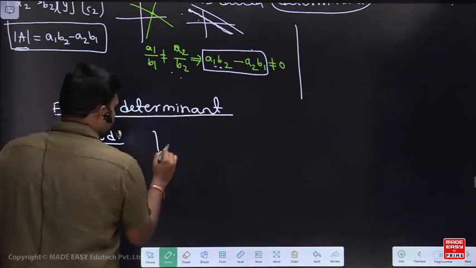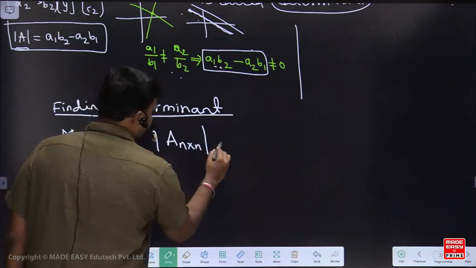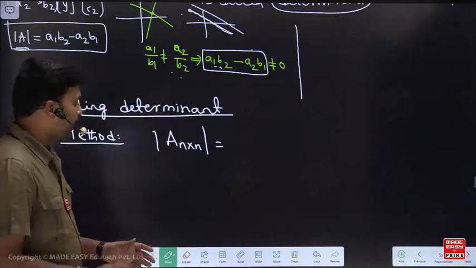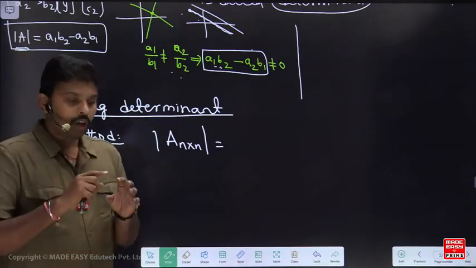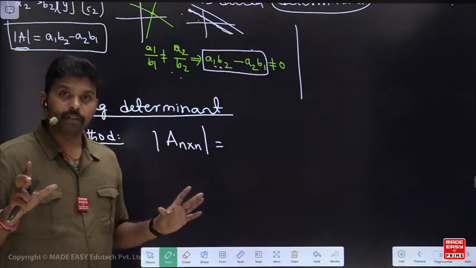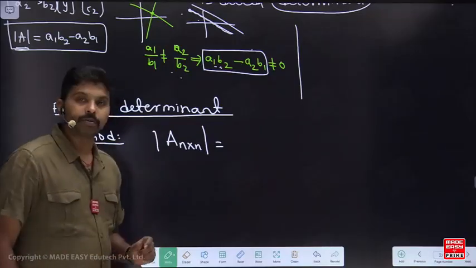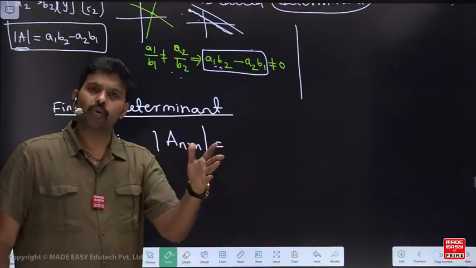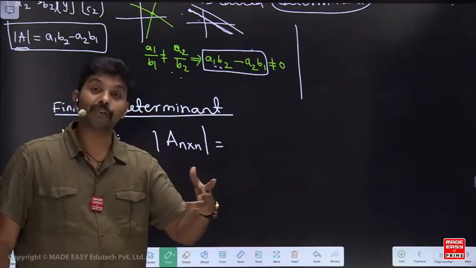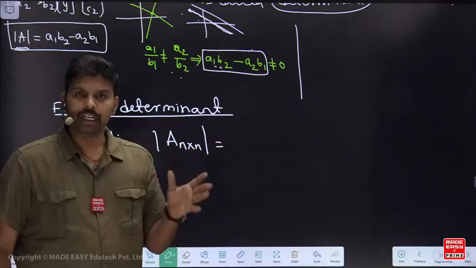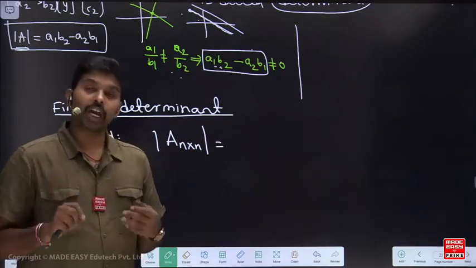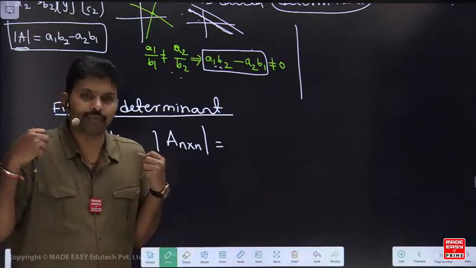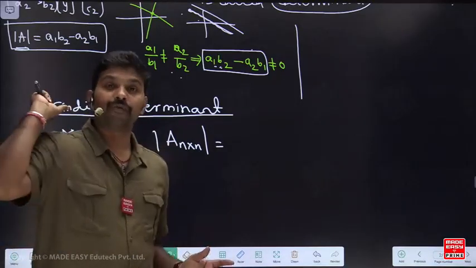Now see, if you want to find out the determinant of an n by n matrix, now, dear students, please understand, there are n rows and n columns in this matrix. Out of n rows and n columns, any one row or any one column has to be fixed. किसी एक को fix करना है, चाहे वो फर्स्ट रो, सेकेंड रो, थर्ड रो, फर्स्ट कॉलम, सेकेंड कॉलम, थर्ड कॉलम, कुछ भी, whichever you feel convenient, you can fix that.